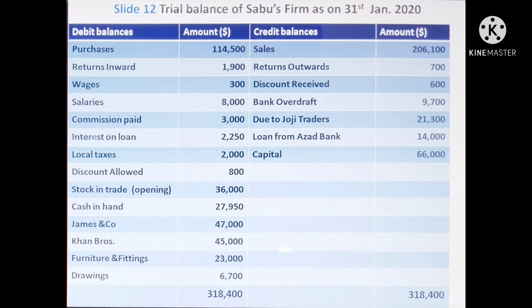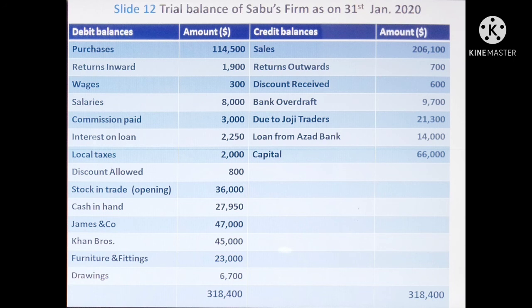Sales returns, that is returns inward, come in debit side. Stock in trade, that is opening stock, comes in debit side. Other assets, their value as on the end: cash in hand, James and Company, due from Khan Brothers, furniture and fittings, that all come in debit side. Finally, drawings. Drawings made by the owner during the period.